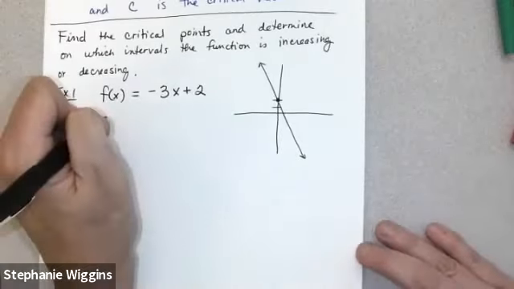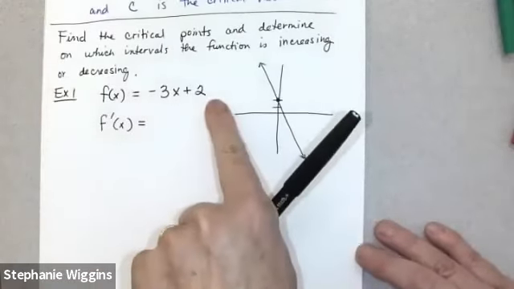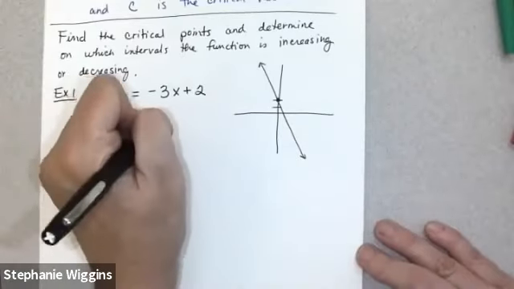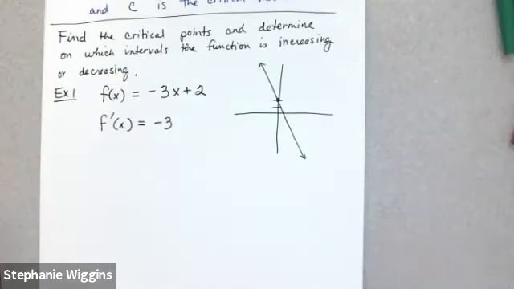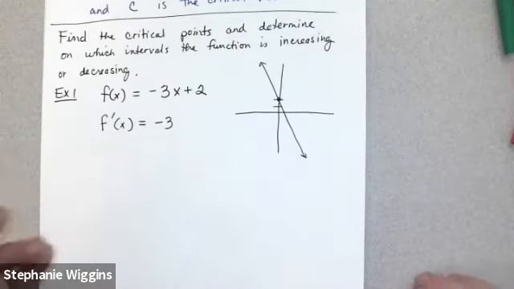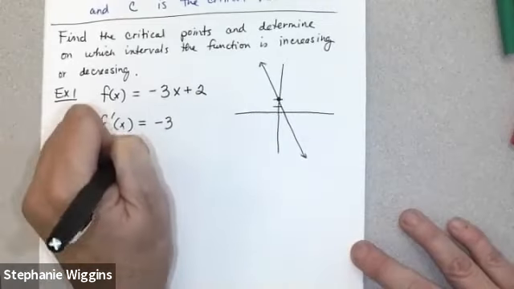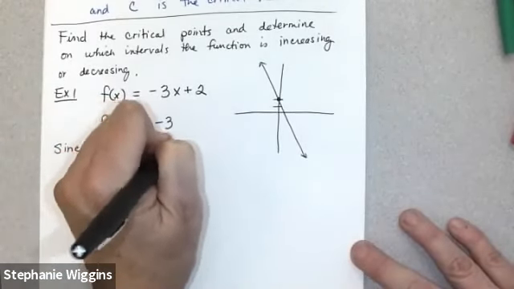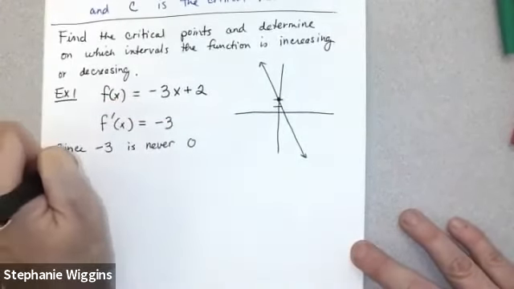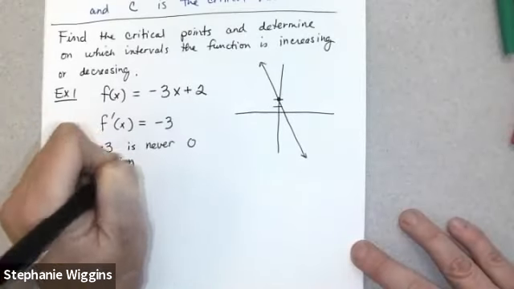So I'm going to take the derivative of this thing. And the derivative of a linear function is always its slope. So my derivative is negative 3. Now, that is a constant function. So this function will always be negative 3. It's never 0. Since negative 3 is never 0, this function has no critical point.